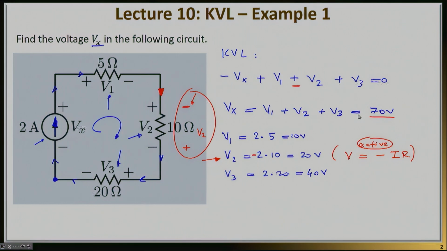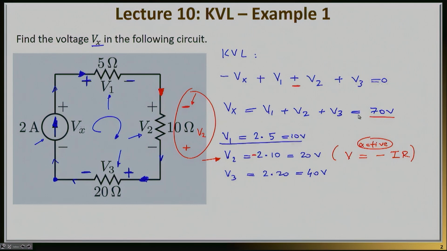Notice for the 5 ohm and the 20 ohm resistances, I have passive sign convention. I have plus minus here with my current entering the resistance through the plus sign, and I have plus minus across the 20 ohm resistance with my current also entering from the plus sign. So the 5 and 20 ohm resistances have passive sign convention.